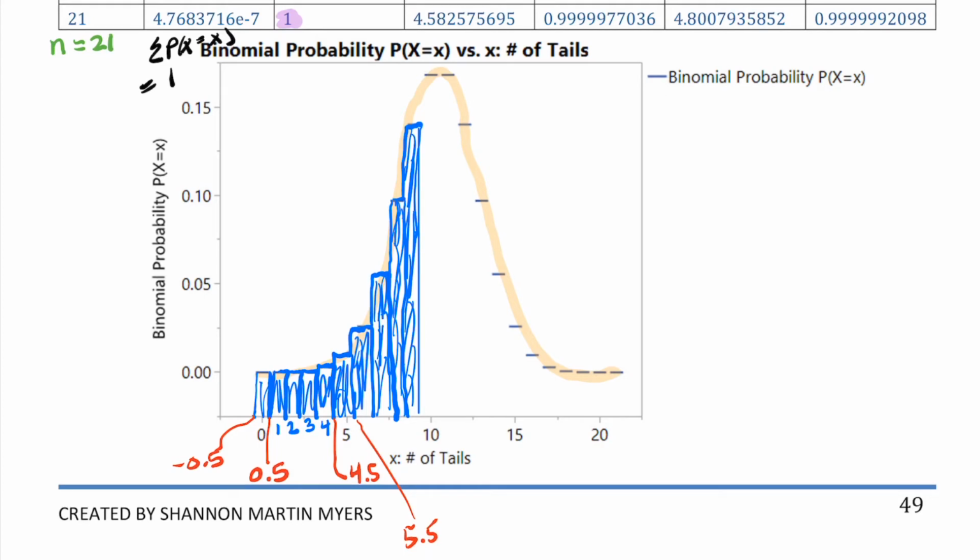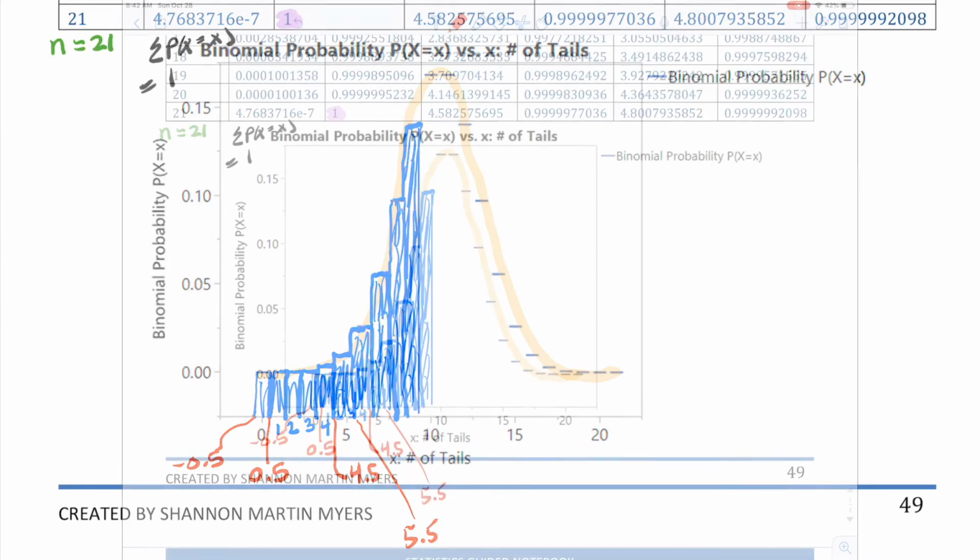And think about it, it makes sense because we're going from a discrete probability distribution to a continuous probability distribution. So there's an easy fix. What do you think we would do? Beautiful. We would add 0.5 to each of our z-scores.